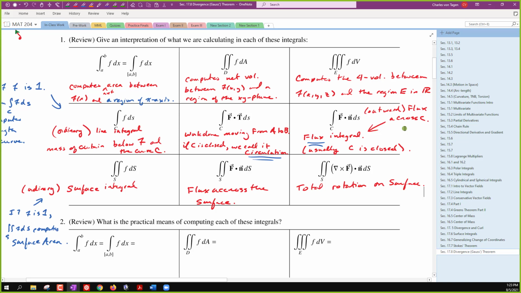You can think of that, folks, if you want something more concrete, going along and at each point adding up how spinny the vector field is at each point along the surface. And by spinny, I mean things like eddies in the vector field that cause not flow in a direction, but rotation about axes. So it's like going along to every point on the surface and adding up how much of an eddy there is.